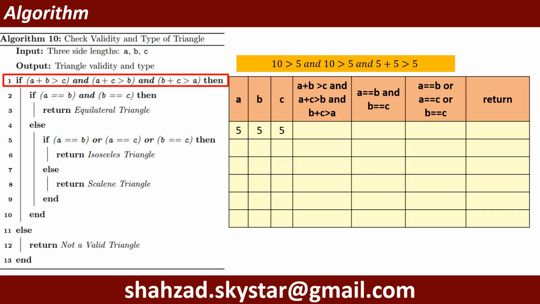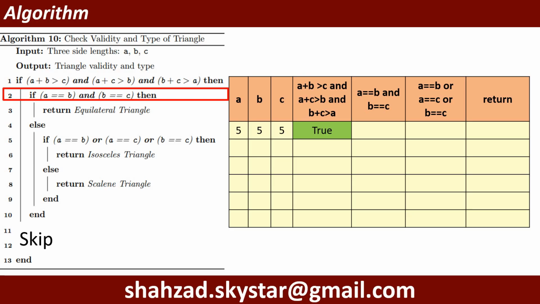Next, 10 greater than or equal to 5, and 10 greater than or equal to 5. The first condition is true, the second condition is also true, and the third condition is also true. In this case, the whole condition result will be true.